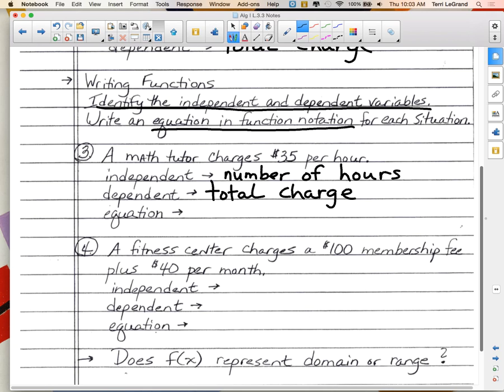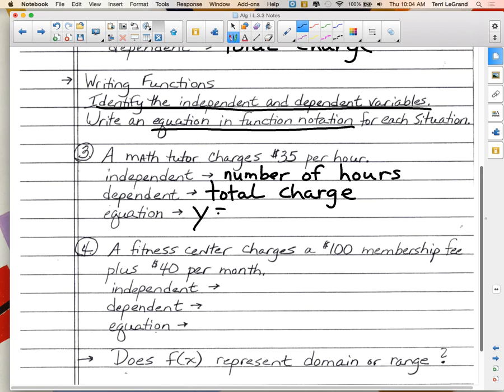Yeah. So we need to write an equation that no matter how many hours we hire this math tutor for, the equation that we write will give us the result that we are looking for. So what equation could we write for this? And it's okay if you start it with y equals. You can always change it then to function notation. It's sometimes easier to start with y because it makes more sense to us. y, the result, the total charge.